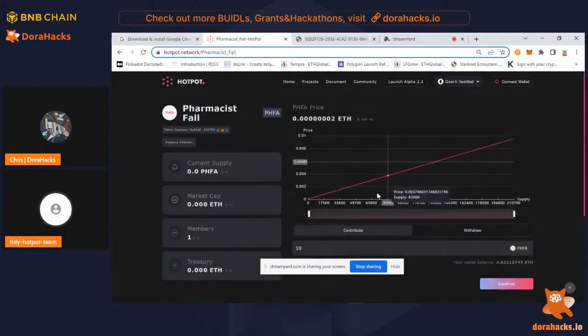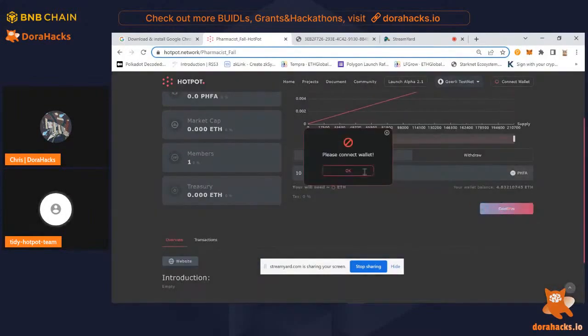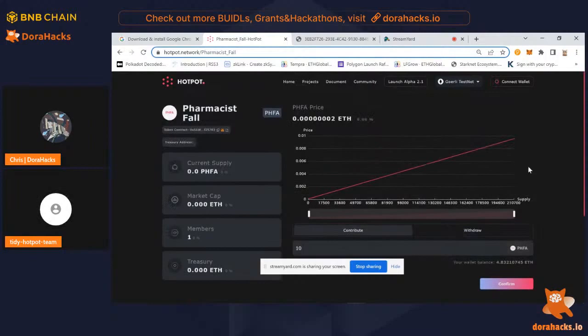So if the price now is here and I want to donate some, the price will be here and this area will be the Ethereum I need to donate. And it's another beauty of the bonding curve: we give some incentive to join a DAO.